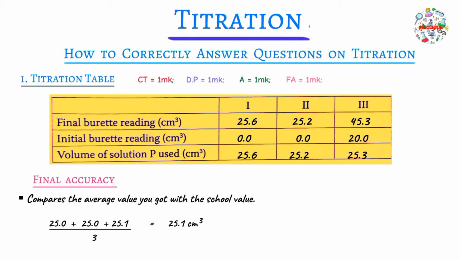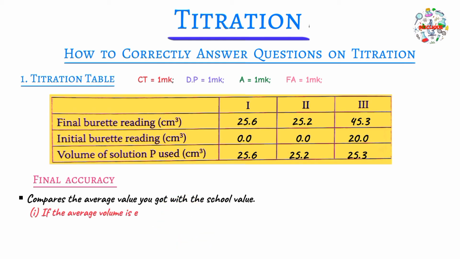Now, in the case of accuracy, what is simply done is that the examiner looks at the titers. So if you have any one titer that falls within the range of the school value, you get yourself that mark. But when it comes to the final accuracy, the average that you get from calculating your average titer is what is now compared with the school value. So marking is done as follows.